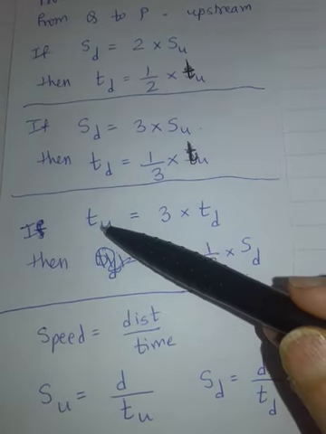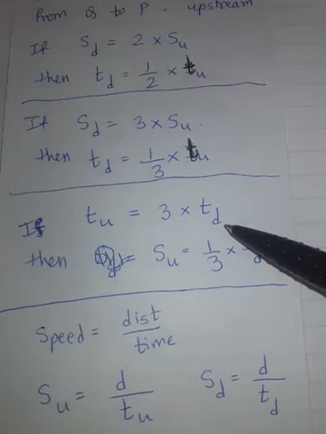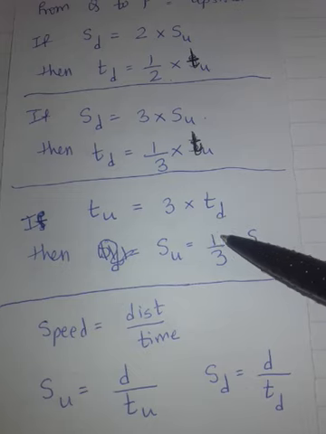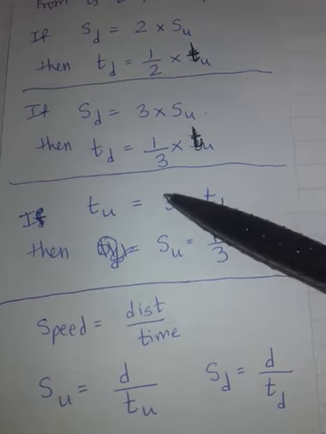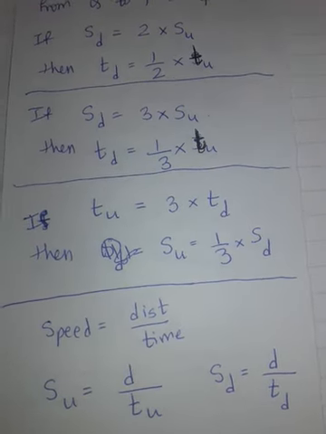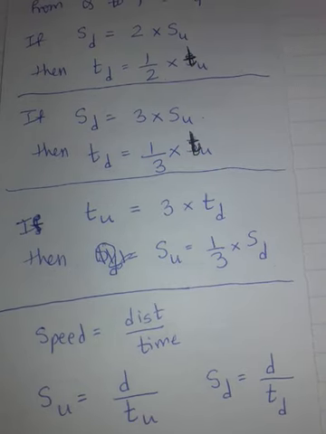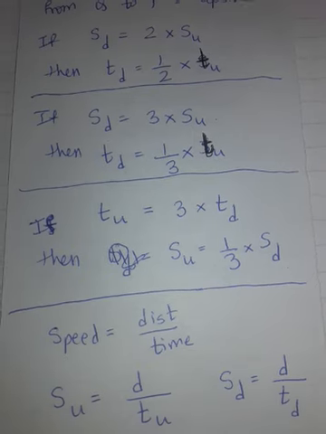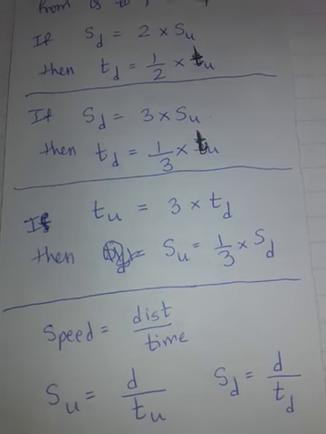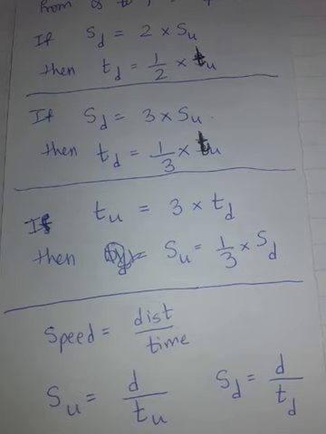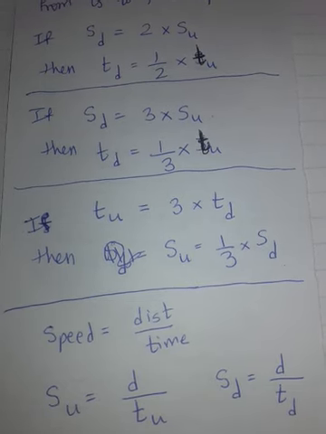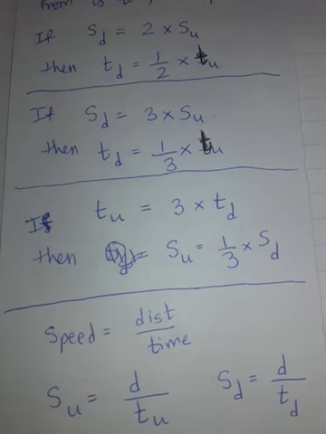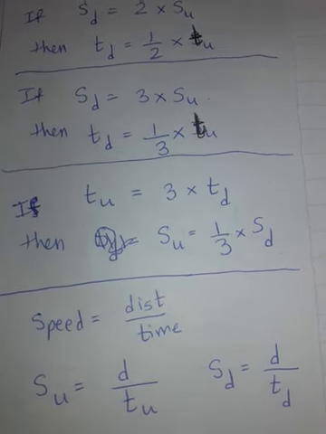And if I tell you time required upstream was 3 times that of time required downstream, that means speed upstream is 1/3 that of downstream. It becomes the opposite. Getting it? So speed and time have an inverse relation since distance is the same. Since distance is the same, if speed is less, time taken is more; if speed is more, time taken is less. Please try to understand this.